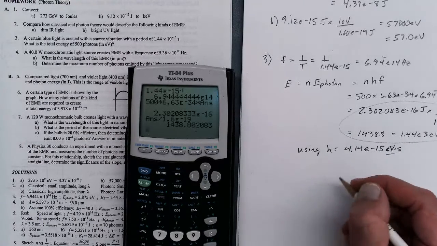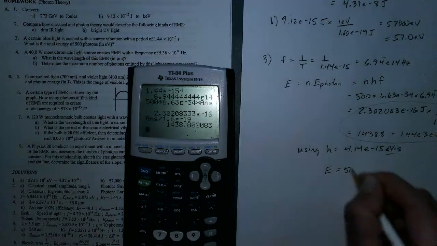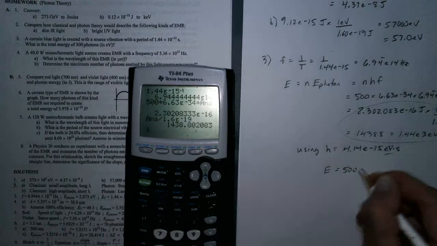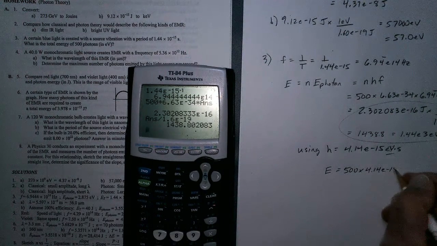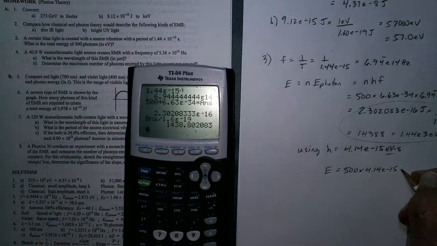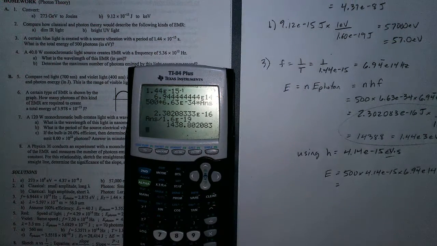So in the case of doing the same calculation, I'll try it down below. So I have 500 times h, which is 4.14 e negative 15, and multiply that by the frequency, 6.94 E14. Put a repeat there. So calculation.